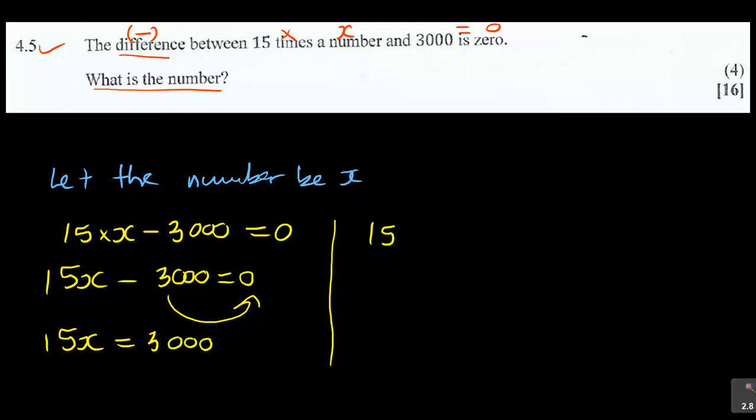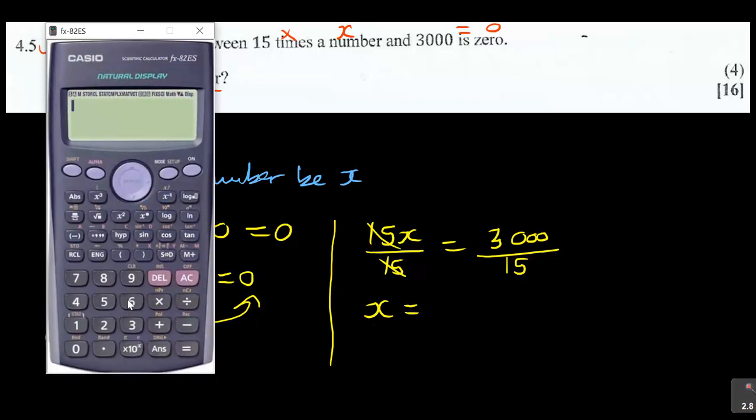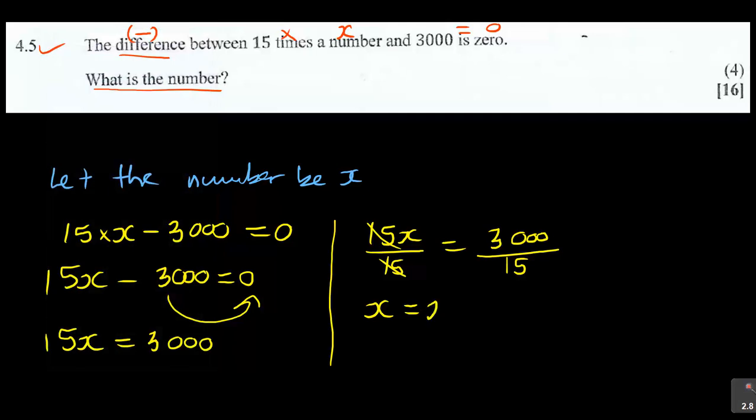So it's 15x over 15 is equal to 3000 over 15. To find that number now, so you're dividing 3000 over 15. It gives us 200. So it says the difference between 15 times a number and 3000 is 0.